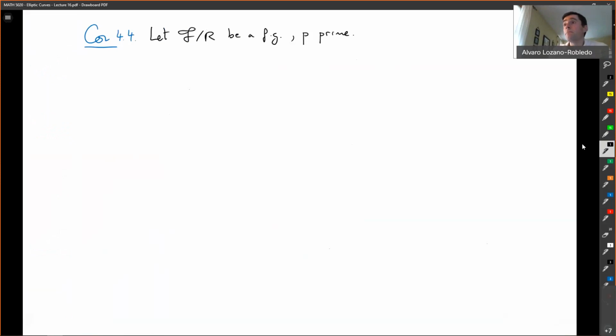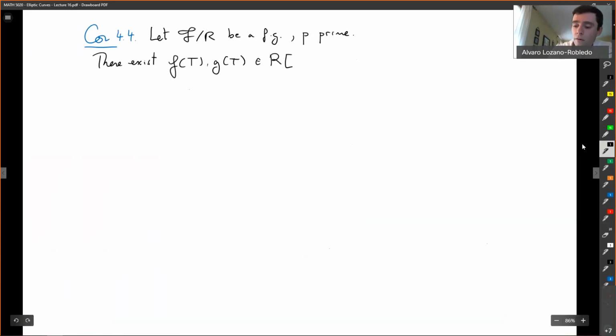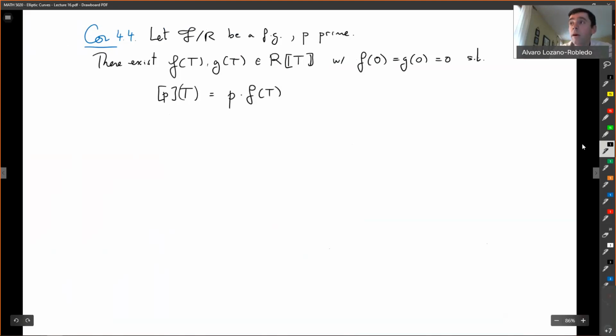Then there exist power series f(t) and g(t) in R[[t]] with f(0) = g(0) = 0, such that multiplication by p is actually p times f(t) plus a power series g evaluated at t to the p.